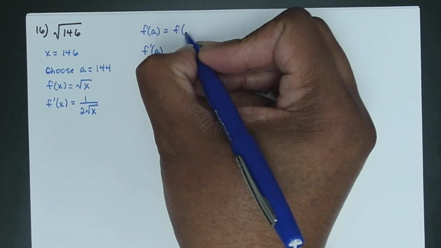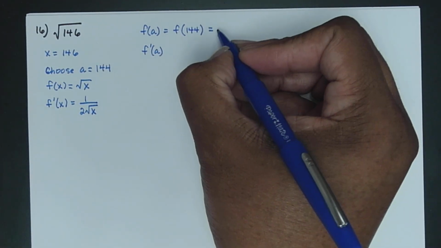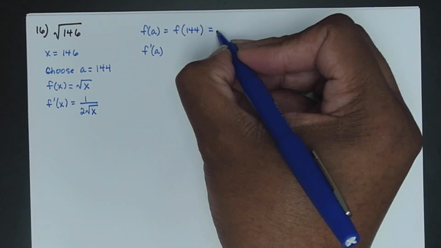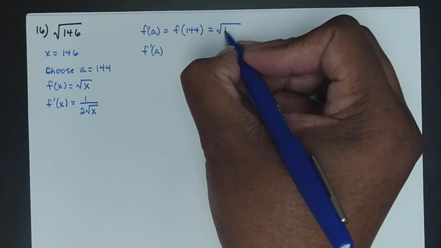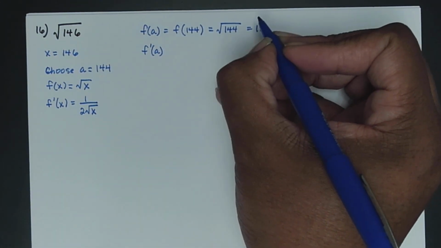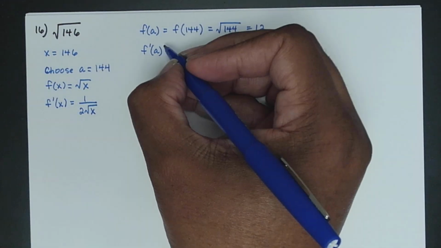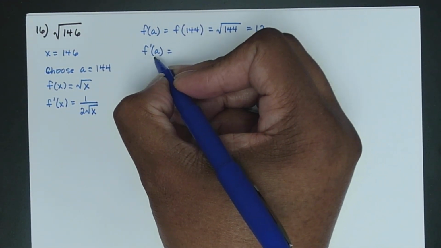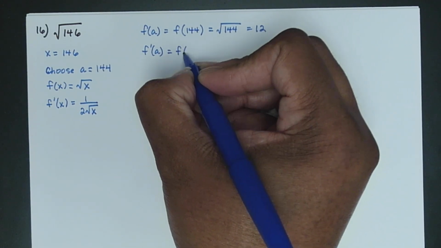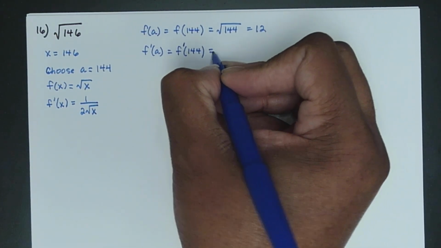My a is 144, so I'll be evaluating f of 144. And my f of x is the square root of x, so that means the square root of 144 gives me 12. And then f prime of a, well, a is 144 again, so I'll be evaluating f prime of 144.